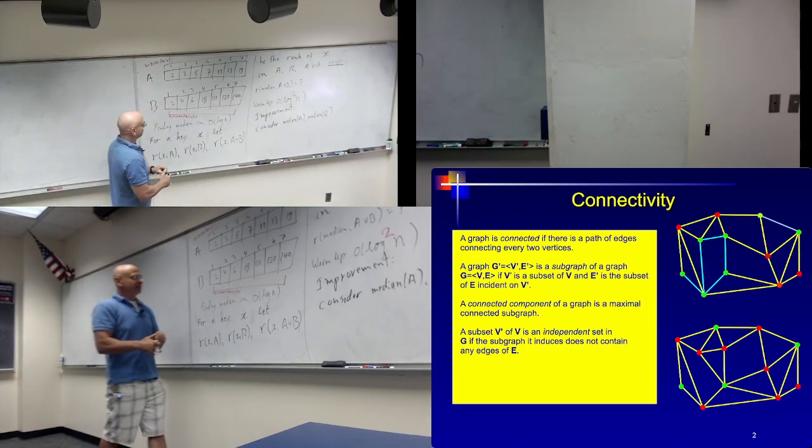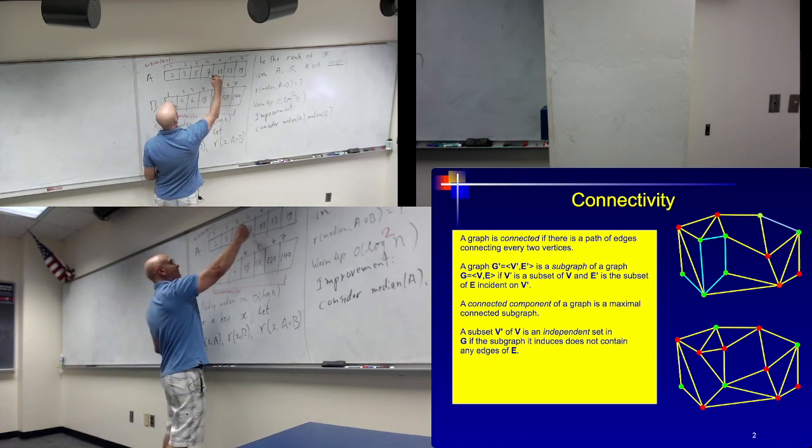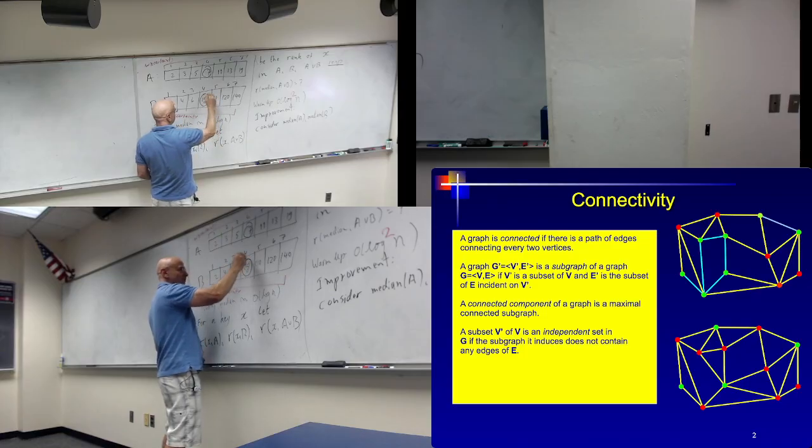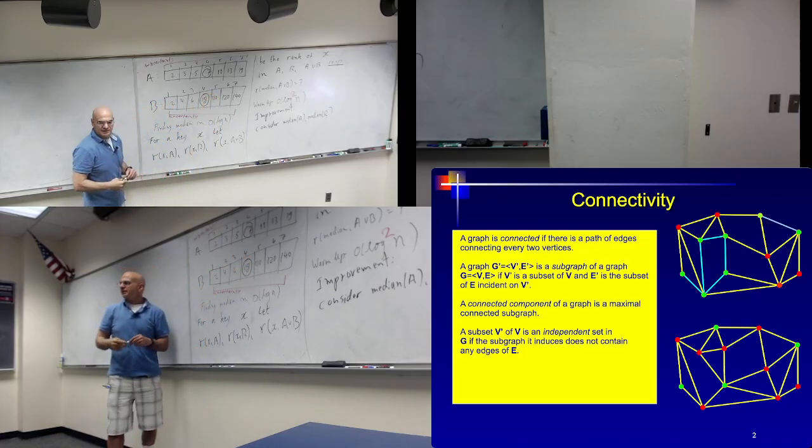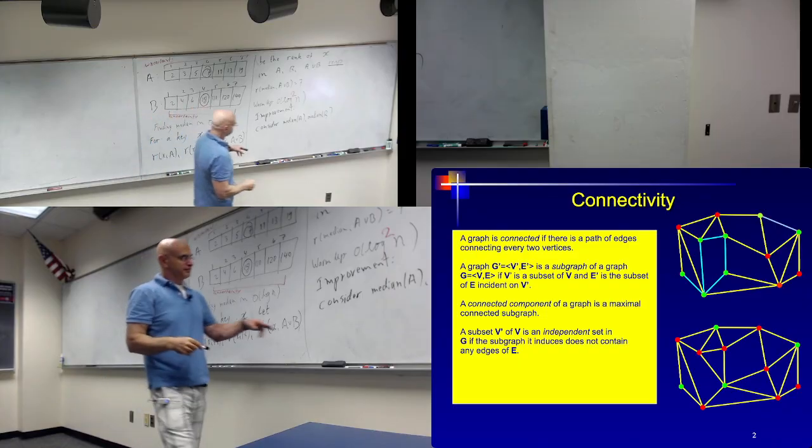So the median of A is 7, the median of B is 18.